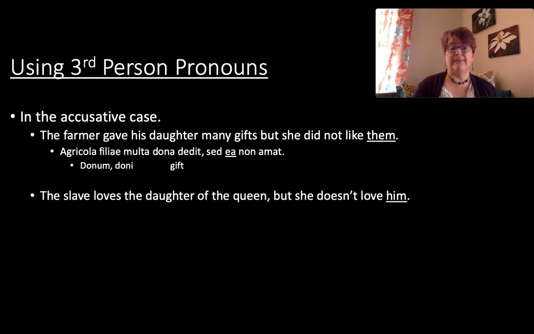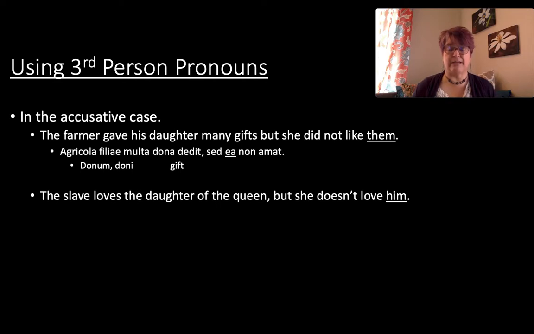When I use slave in this sentence, I have to put it in the nominative case because it's the subject of loves. But when I use the word him, which is clearly referring to slave, although I must make it singular and masculine just like slave, I can't write it in the nominative form because it isn't doing the action of loving.